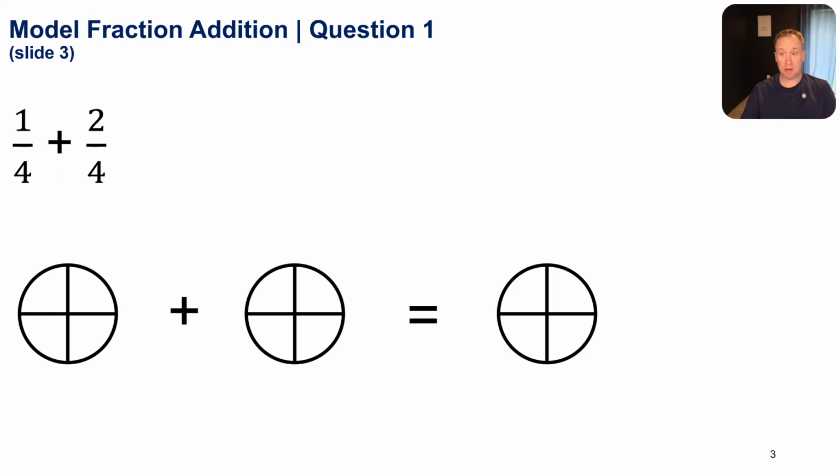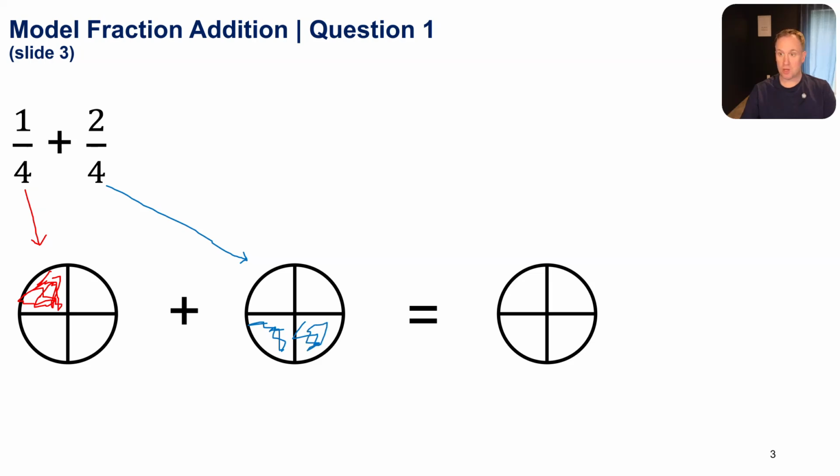So the bottom number tells us the size of the division. The top number then tells us what we have. So 1/4 would be where I fill in this size slice here, while 2/4 would be me adding this slice and this slice here.